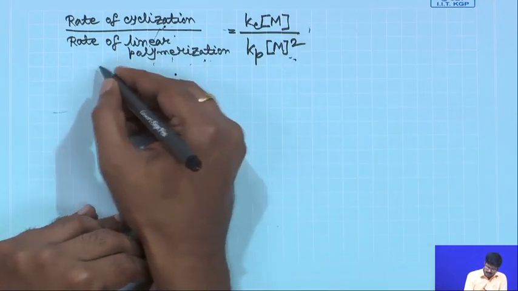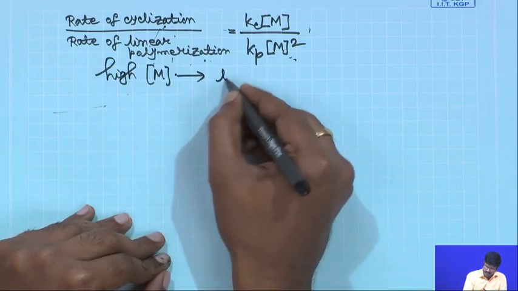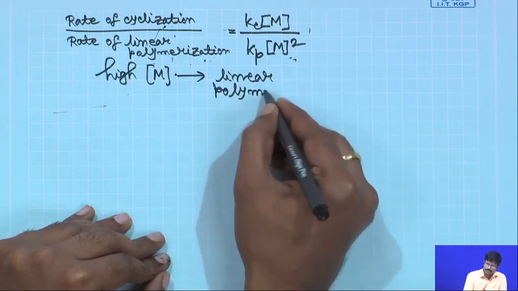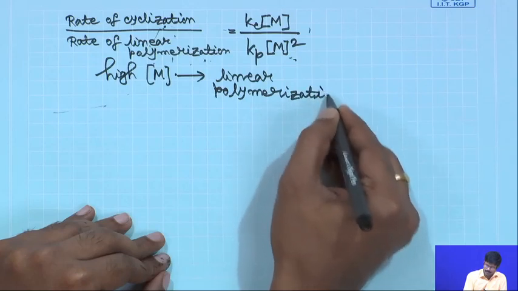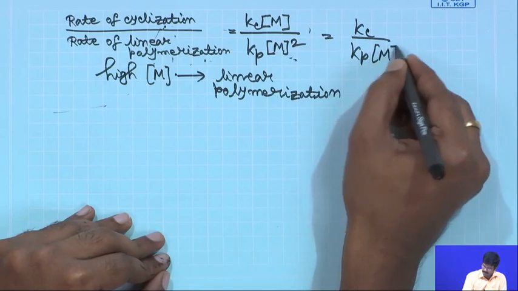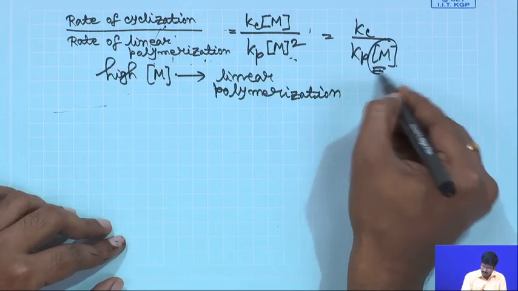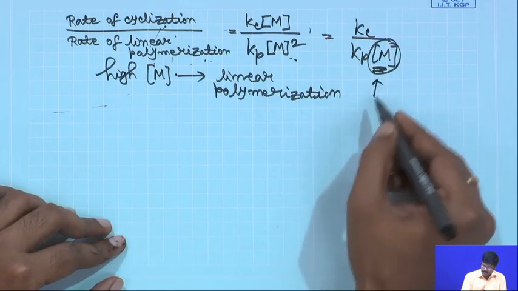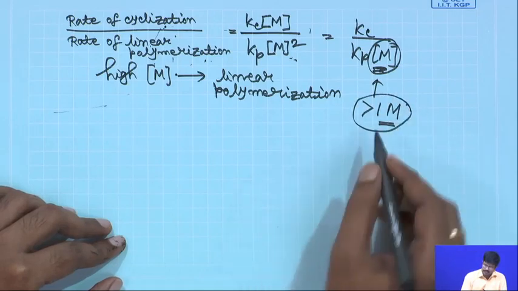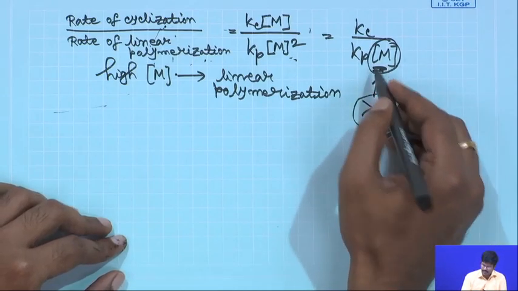So, this means here Kc divided by Kp into M. Typically when this M is more than 1 molar, linear polymerization will be favored. So, there is a kind of crossover point here.